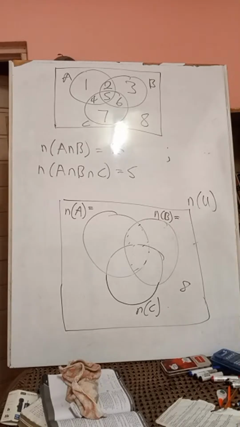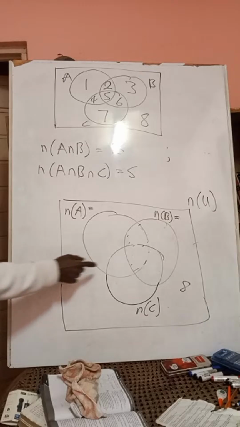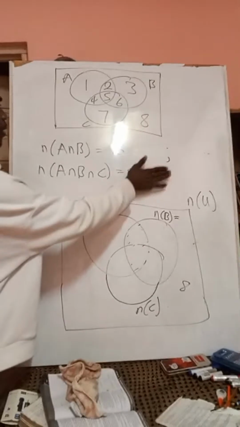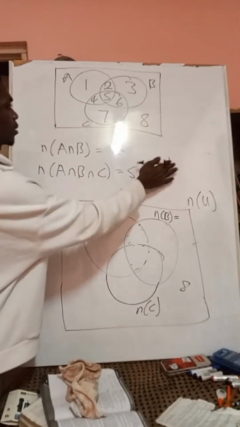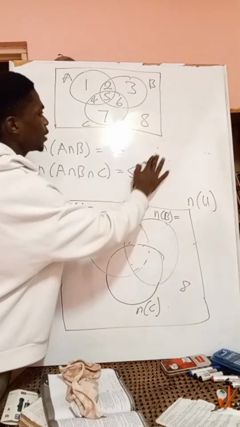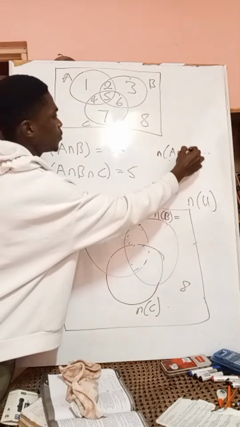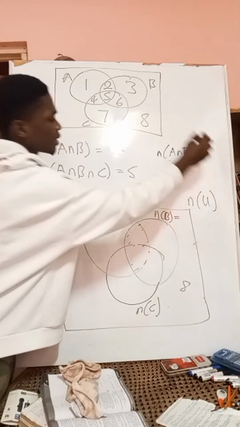Whenever you are solving a three-set problem and representing it on a Venn diagram, write the number for A intersection B intersection C first.